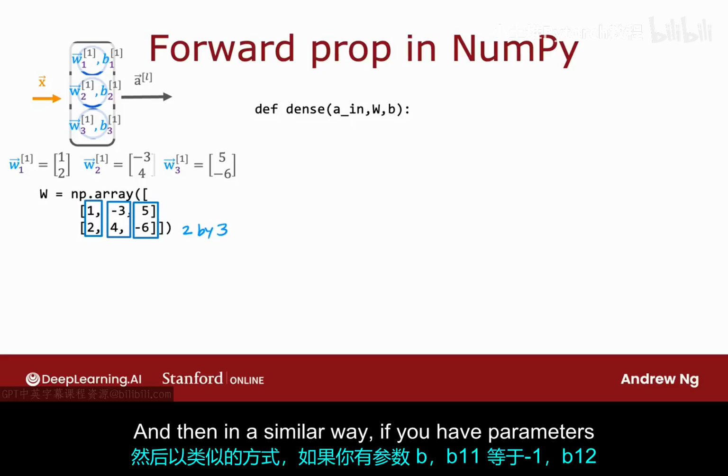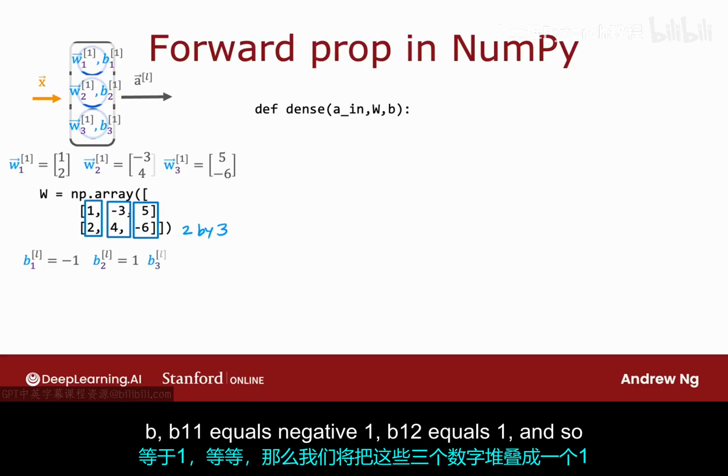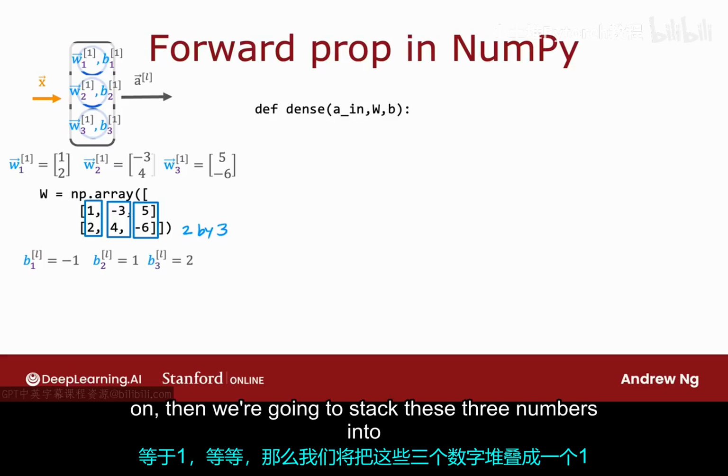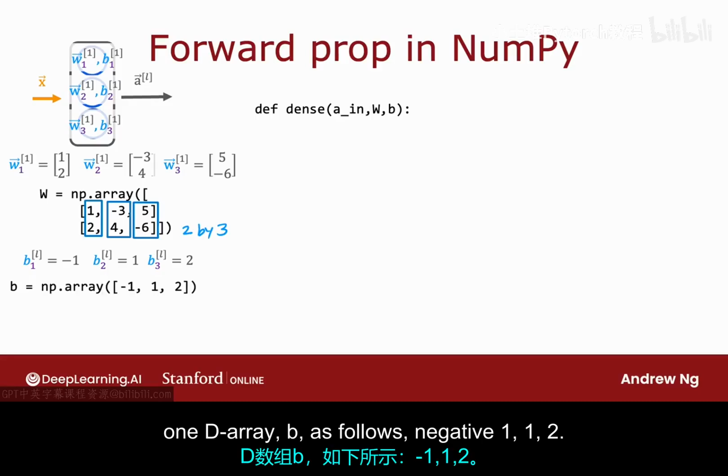And then in a similar way, if you have parameters B, B11 equals -1, B12 equals 1, and so on, then we're going to stack these 3 numbers into a 1D array B as follows: -1, 1, 2.